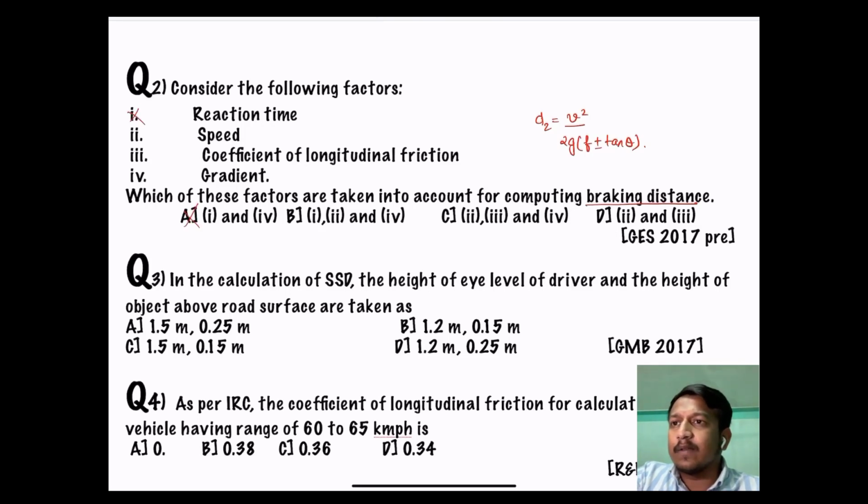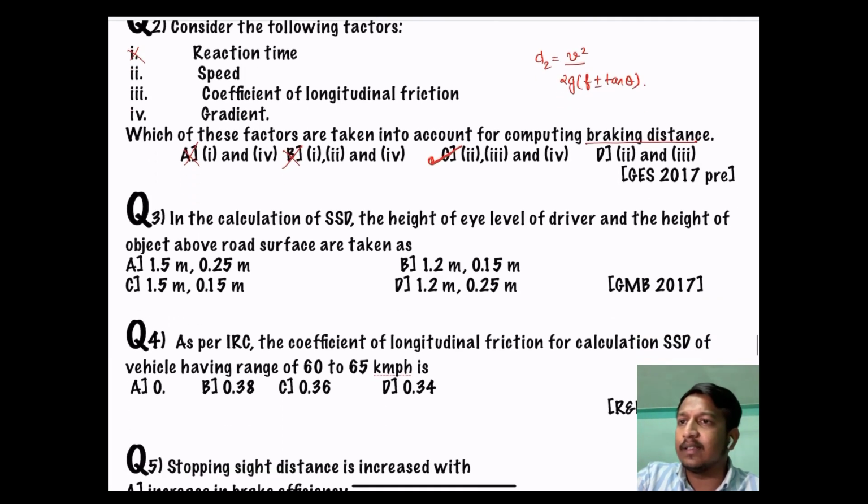Reaction time is not considered. Second, speed, yes, it is considered. So options A and B are eliminated. Third, coefficient of longitudinal friction, yes, and gradient is also considered. So option C, second, third, and fourth, is the correct option. A simple question asked in GES Gujarat Engineering Services 2017 prelims.